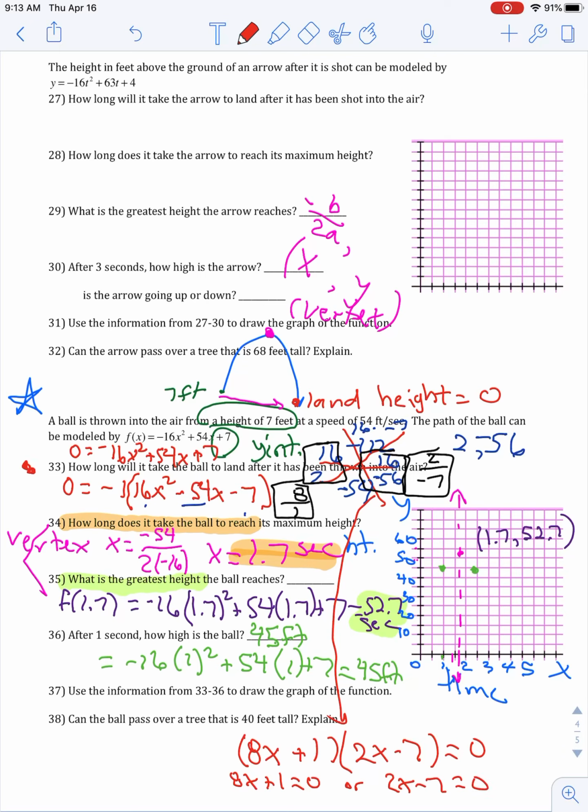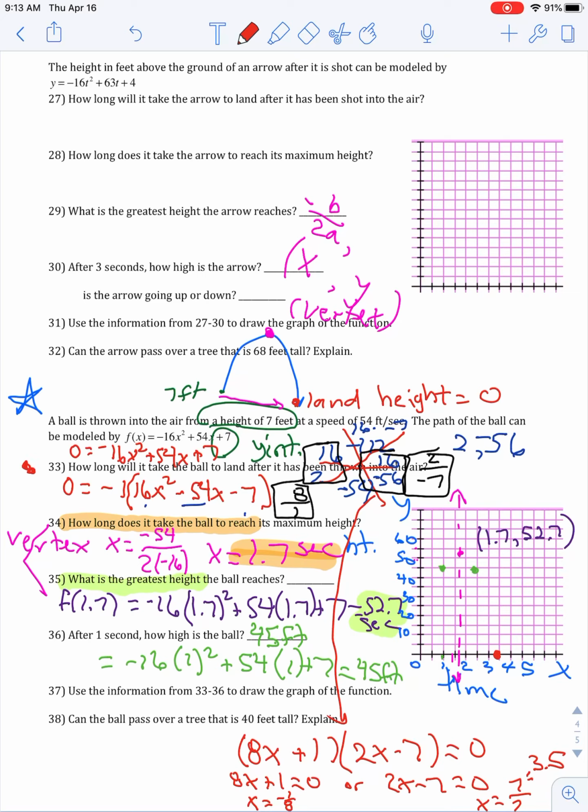In this first example, I'd subtract 1, which would give me -1, and x then would equal -1/8. In the second example, if I add 7 and divide by 2, my x value is 7 over 2, which is 3.5. So that means down here, 3.5 is one of my x-intercepts, and the other one is -1/8.